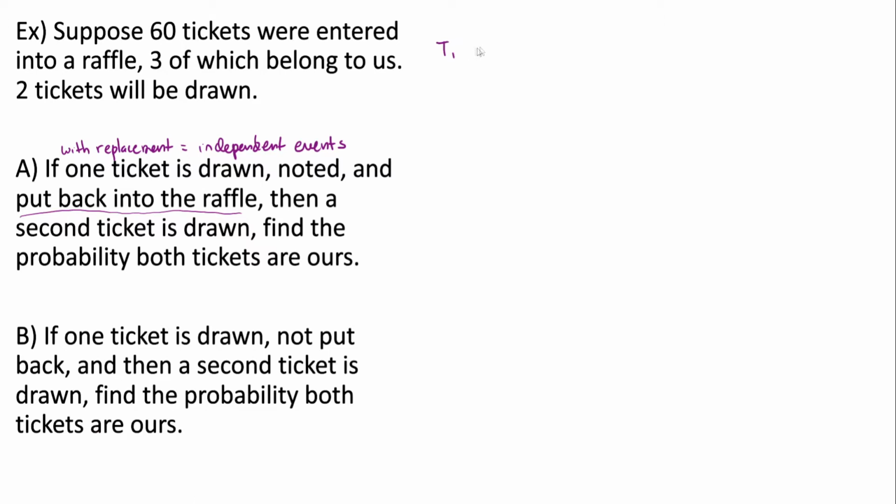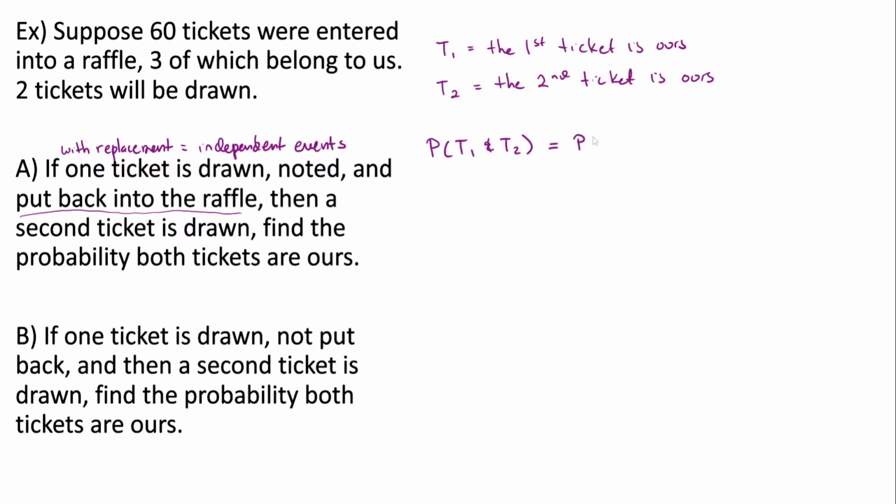We'll let T1 be the event that the first ticket is ours, and we'll let the event T2 be the event that the second ticket is ours. So what we want to find here is the first ticket and the second ticket are ours, and this is going to be equal to the probability that the first ticket is ours times the probability that the second ticket is ours.